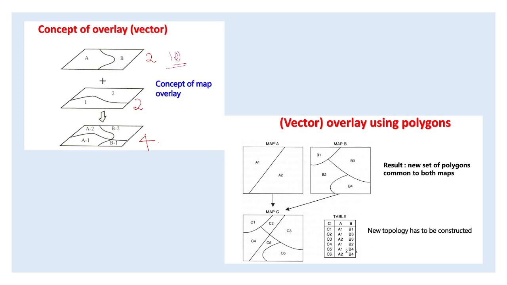So instead of 2, let's complicate it a little bit. If it is 10, like A, B, C, D, like that, you have 10 polygons over here, 10 polygons over here, then you may even end up with 100 polygons in the output, depending on the shape also. It's not necessary that you get 100, but you can get up to that much. It's a possibility when you do the overlay.